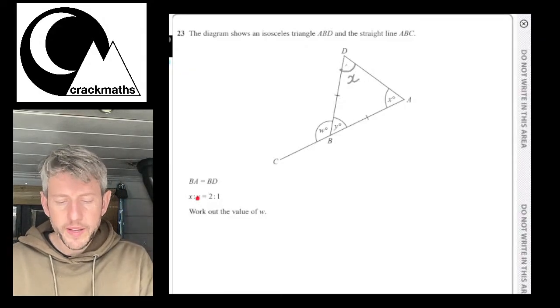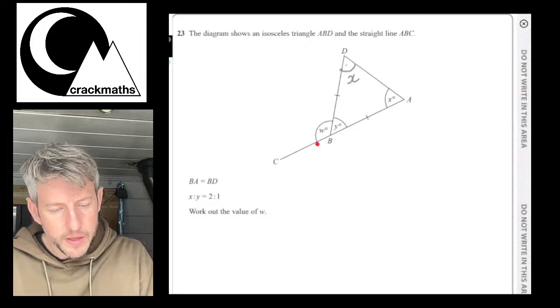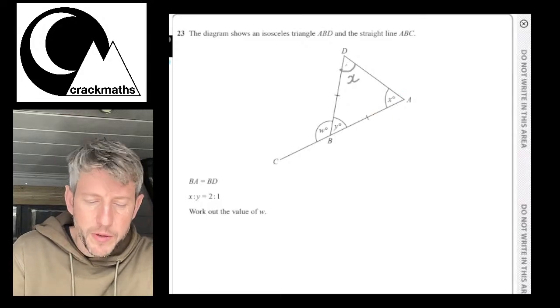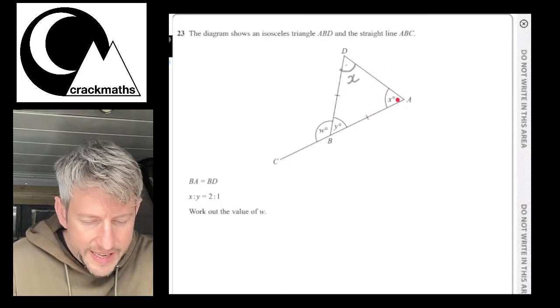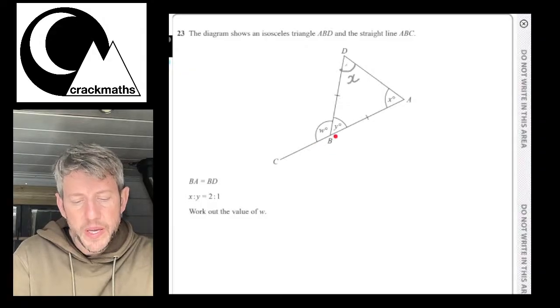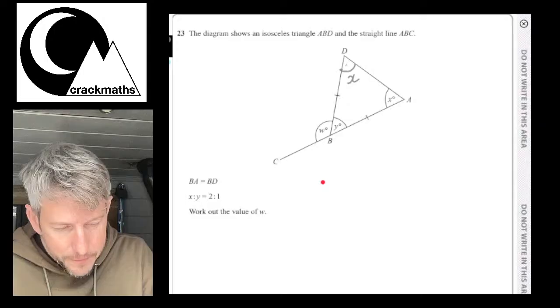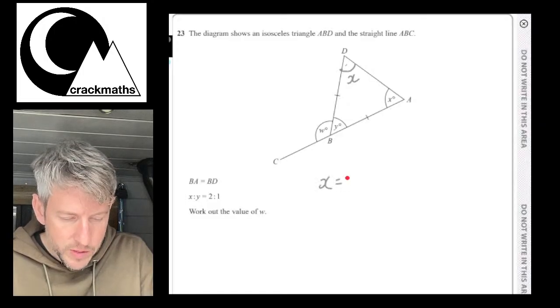If x to y is 2 to 1, what that means is, and you can kind of see it here, though it's probably not drawn to scale, that x is probably twice as big as y. So if x to y is 2 to 1, that means that x equals 2y.